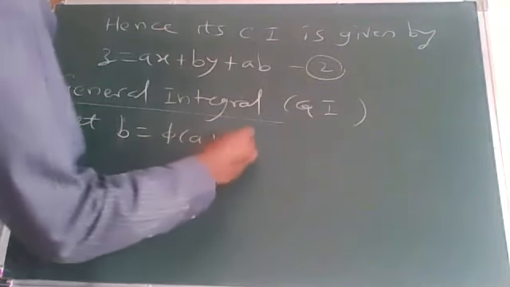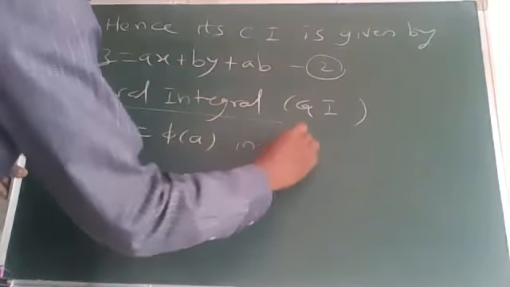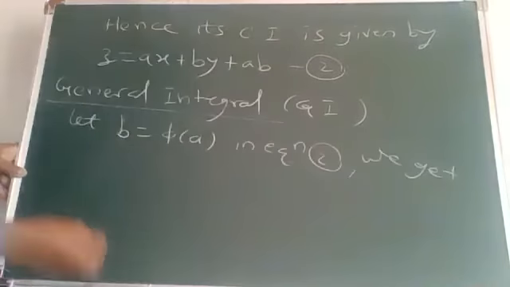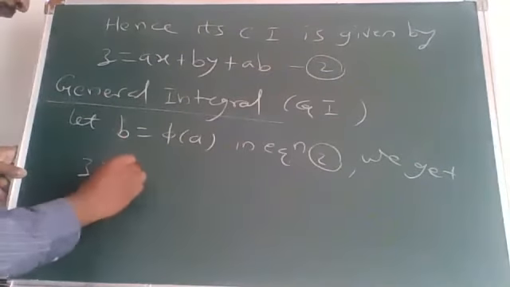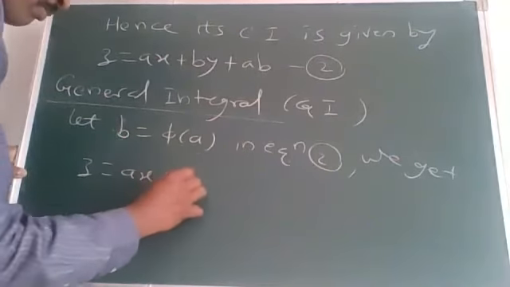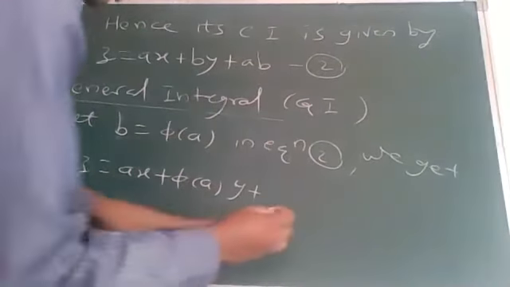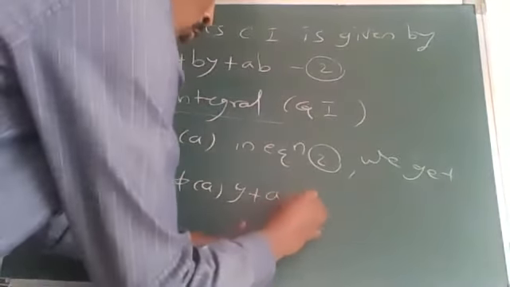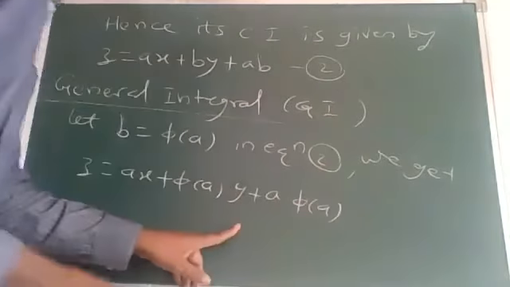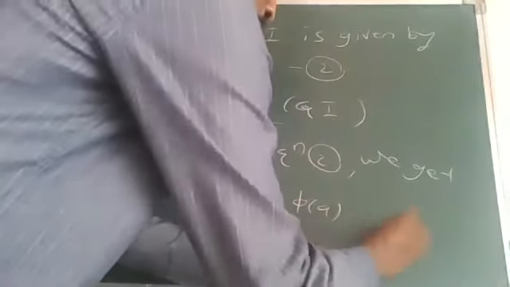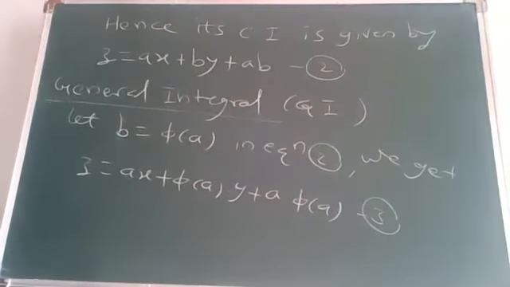Let b equal to phi of a. In equation 2, we get z equal to ax plus phi of a into y plus a into phi of a, denoted by equation number 3.